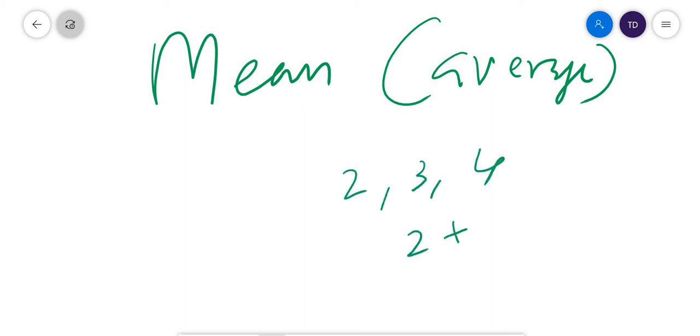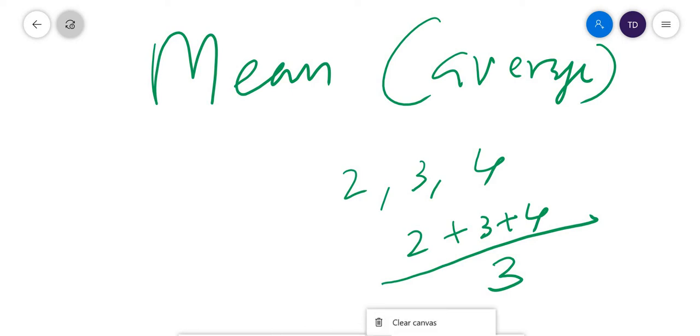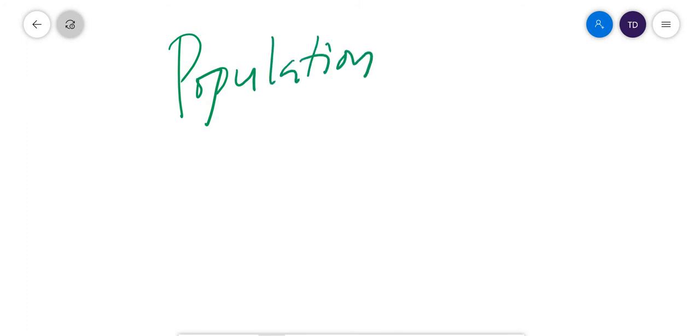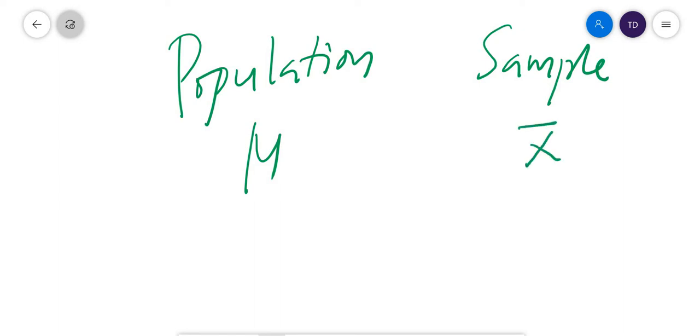You add 2 plus 3 plus 4, the whole divided by 3, since there are 3 values. Normally, mean or average of a population is denoted by mu, and mean of a sample is denoted by x bar.